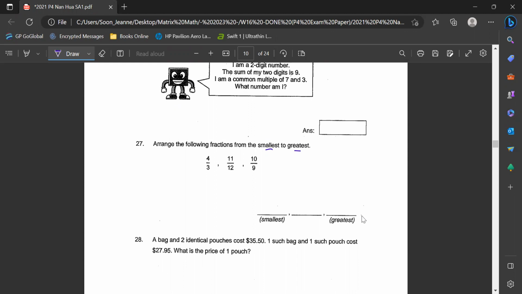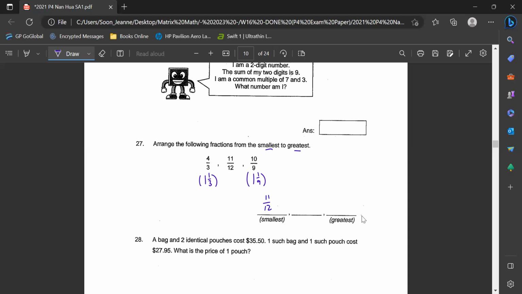If we express them as mixed numbers, it will be easier to compare. 4 over 3 is 1 whole and 1/3. 10 over 9 is 1 whole and 1/9. The smallest will definitely be 11 over 12, because it's less than 1 whole. What about 1 whole and 1/3 and 1 whole and 1/9? Which one is greater?